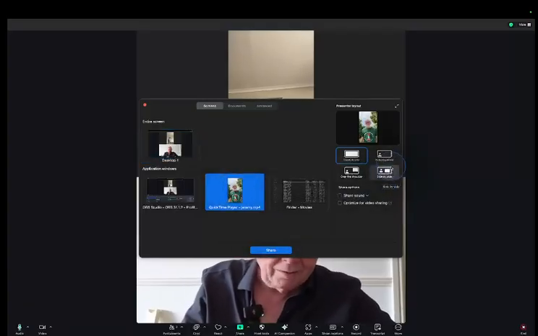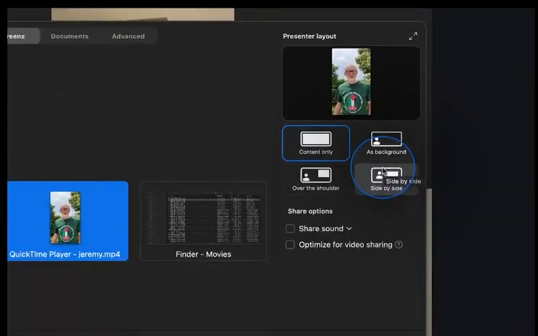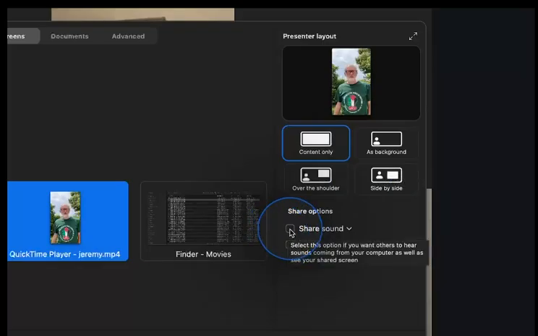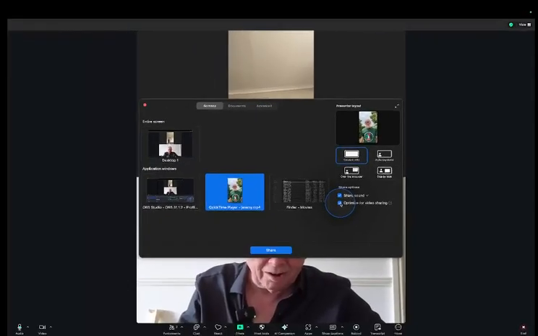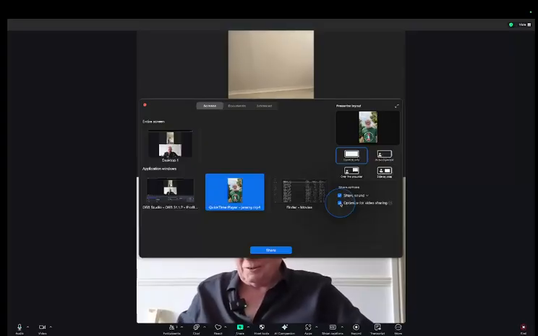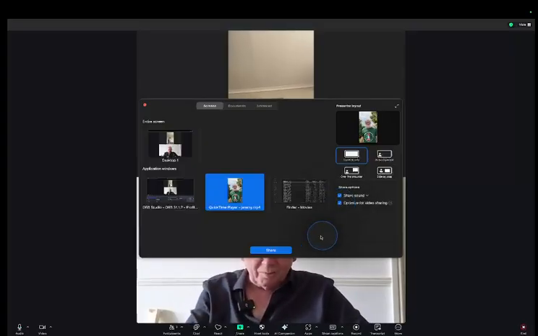Now, over here on the right hand side, if you're sharing a video, you must share sound, and it's probably best to optimize for video sharing. I think that's a bandwidth thing. If your internet is low bandwidth, it'll make sure it doesn't break up. That's what I think, although I've never noticed any difference.